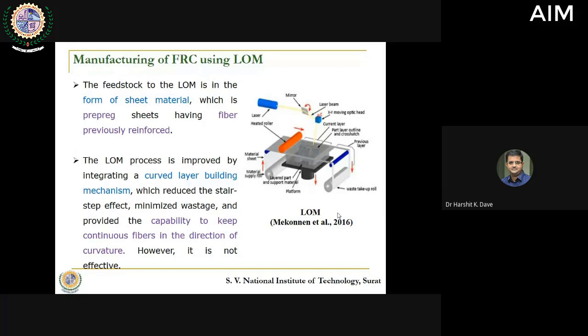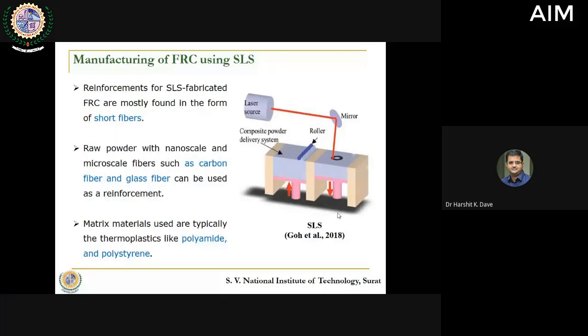The final process that we can use for fabricating fiber reinforced composites is the SLS process. Now we know that in case of SLS, we have either the metal or the polymer powder, which is being cured with the help of a laser source.